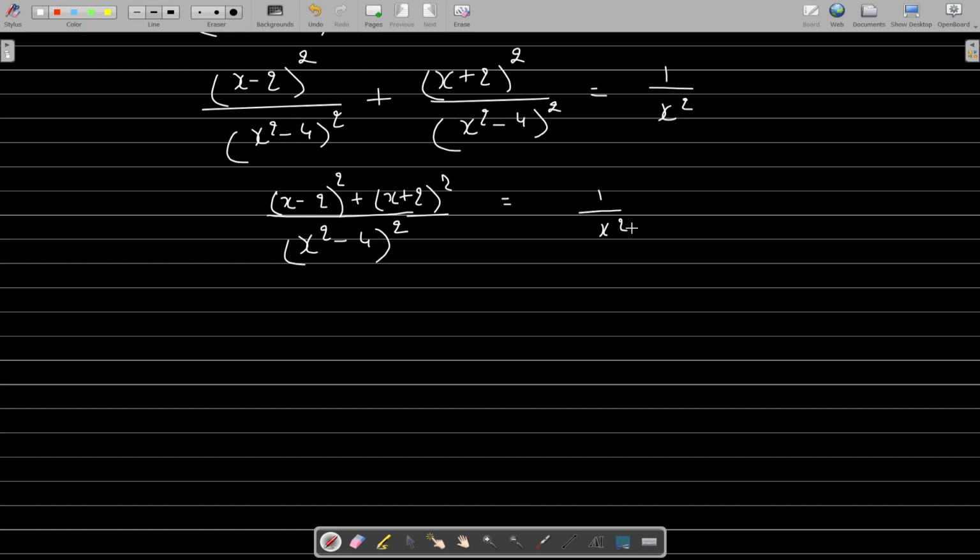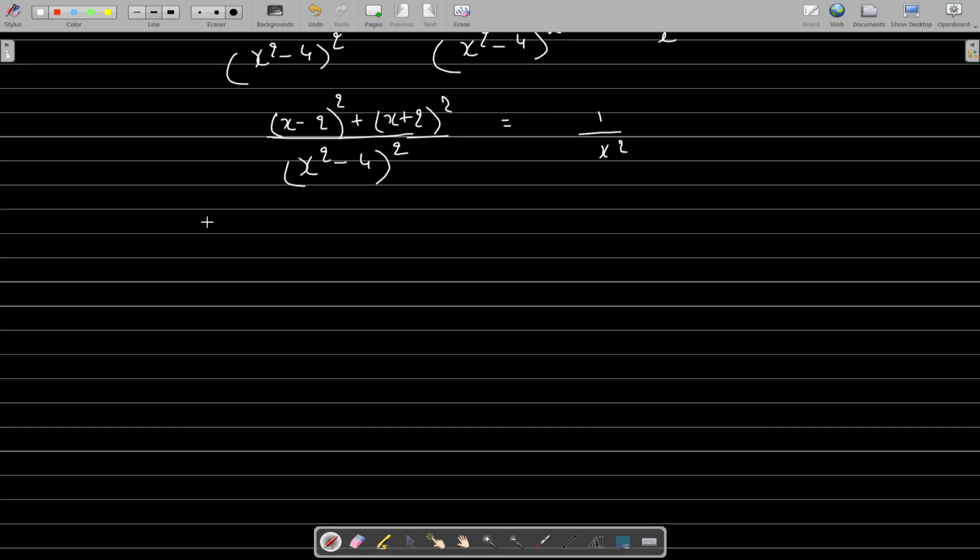Now let's expand the numerator, which gives me x squared plus 4 minus 4x plus x squared plus 4 plus 4x. And if I also expand the denominator, it becomes x power 4 plus 16 minus 8x squared. And this is equal to 1 upon x squared on the right hand side.